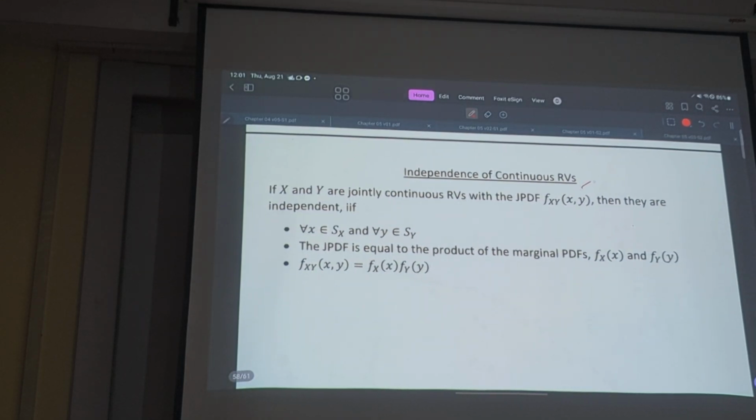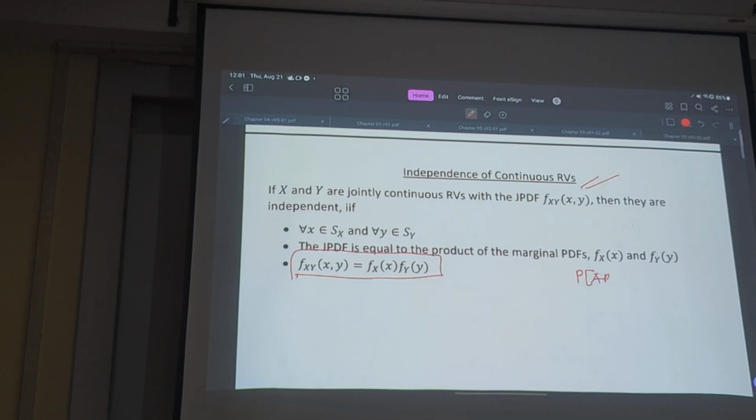Independence of continuous random variables is the same thing. We conclude that for all values of x and y, what will happen? The joint PDF is equal to the product of the marginals. So we can summarize it.